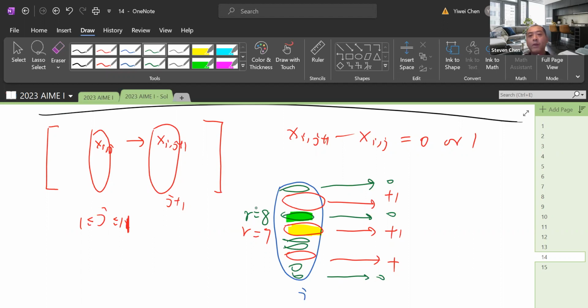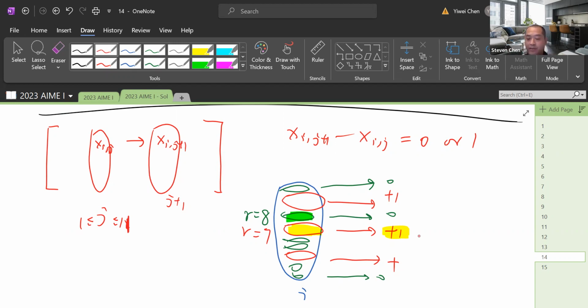And now let's see why we get a contradiction. For this yellow entry, because when it moves to the right neighboring column, its value is increased by 1, let's look at the corresponding yellow entry in column J plus 1. Its remainder divided by 12 should be increased by 1.